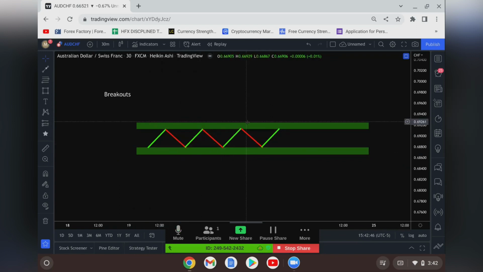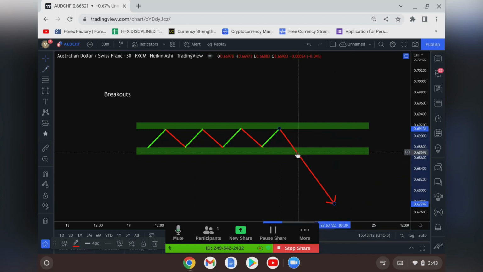But when price finally gains enough momentum, you will most definitely see price break out like this. It will break out of one of those zones and typically continue down or up to the next zone, depending on whether it broke support or resistance.